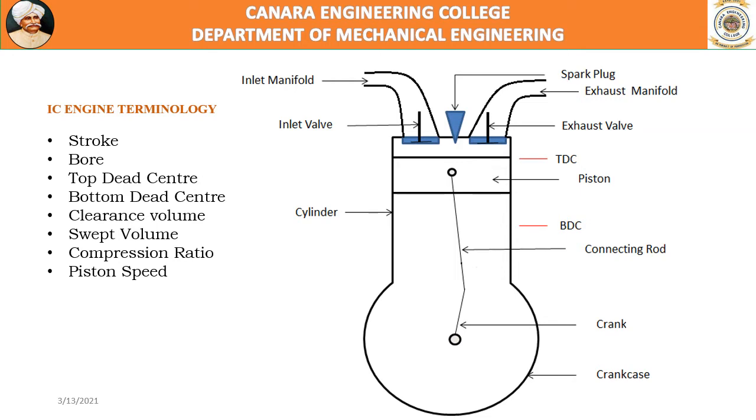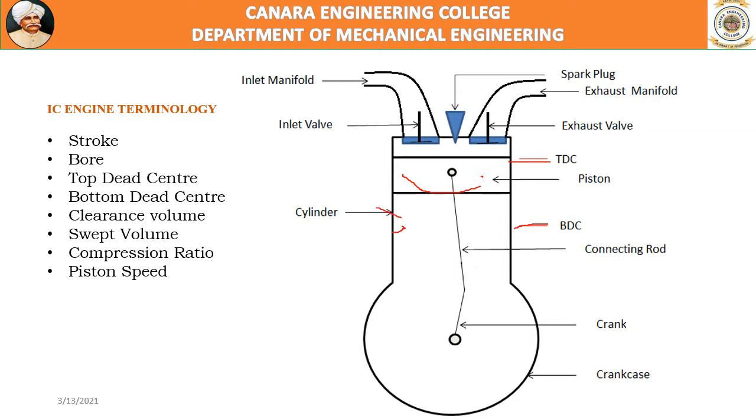This arrangement is required to convert reciprocating motion of the piston into rotary motion. The connecting rod connects the piston with the crank. This is the piston, which reciprocates between two ends, top dead center and bottom dead center, of a cylinder. This is called the engine cylinder.